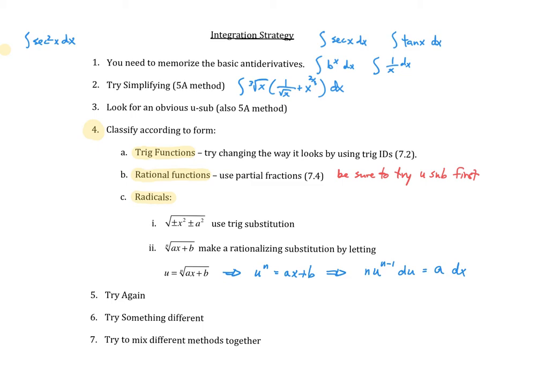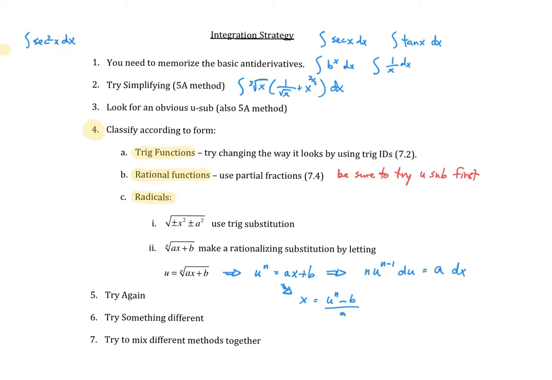And then you could solve for dx, and a lot of times you could also solve for x, right? Your x would be equal to u to the n minus b divided by a. So using one substitution for dx and one substitution for x, this might make your integral easier.